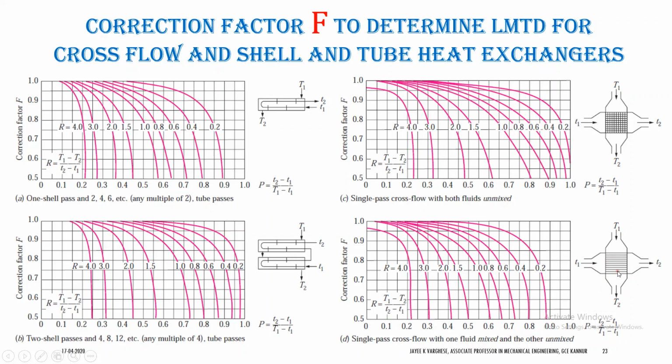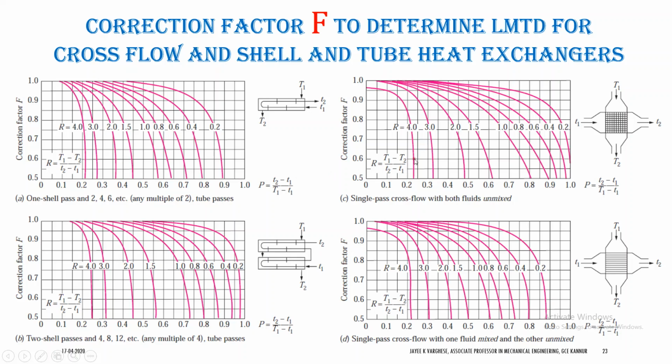The figure also gives capital T1 and T2, small t1 and t2. We can use these charts and the schematic diagram given alongside to find the parameters P and R and get the value of the correction factor for LMTD.